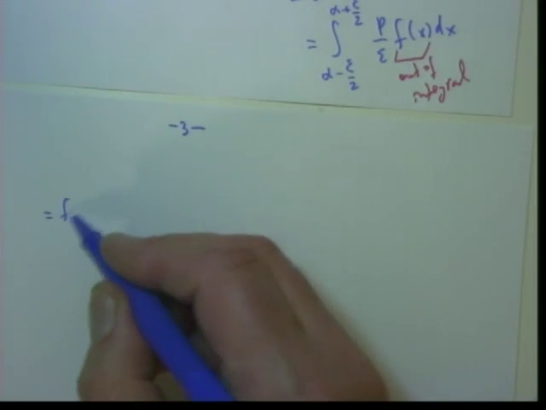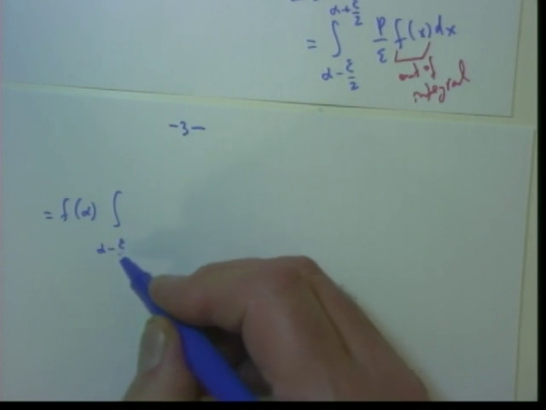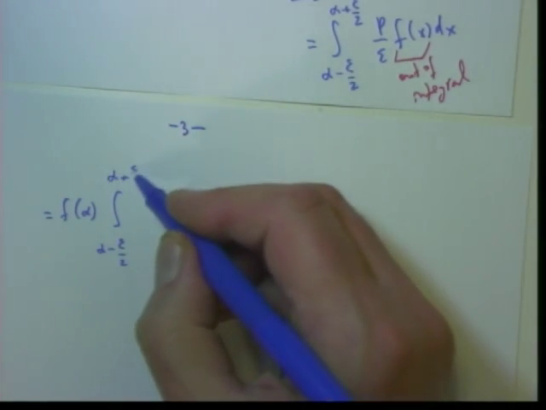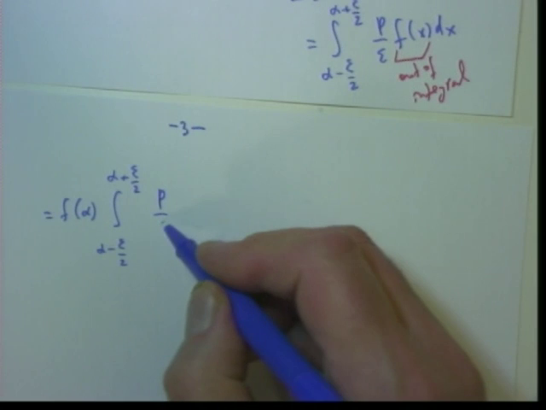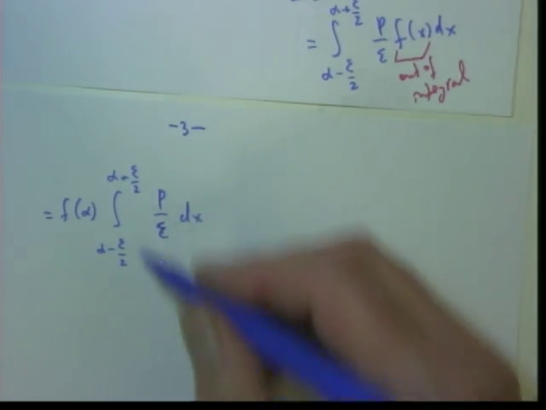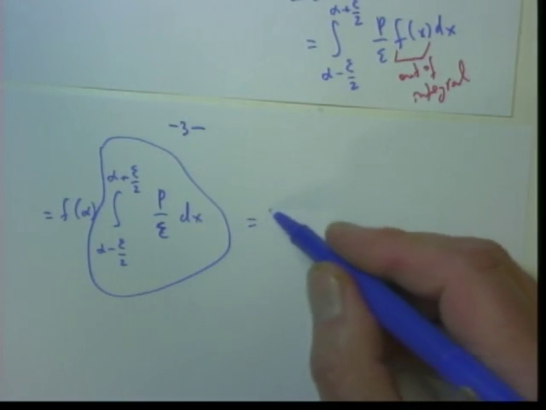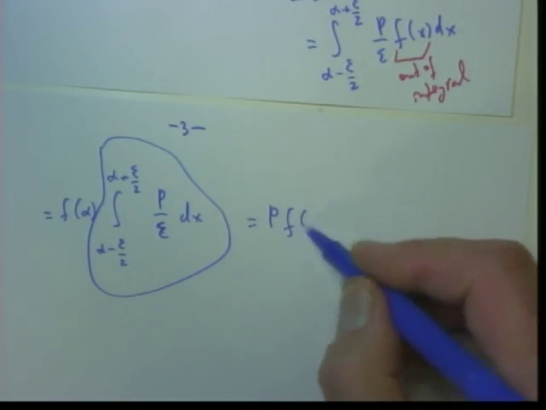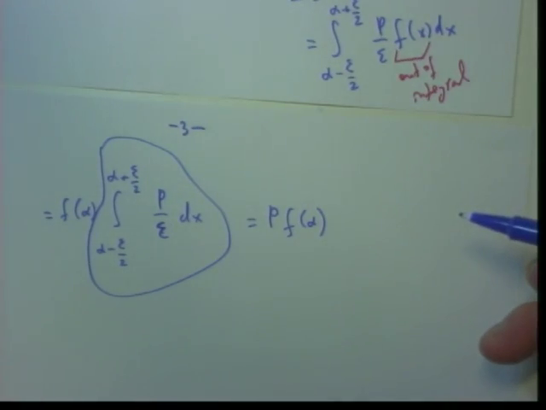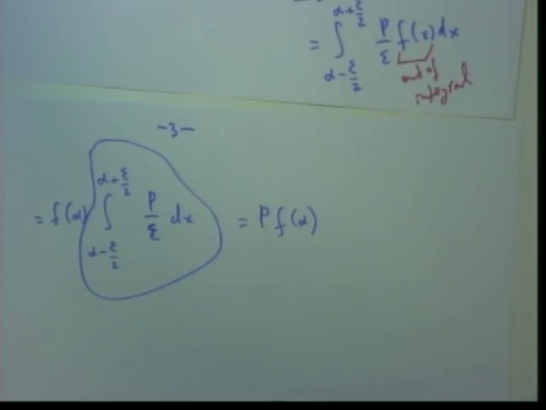So then it equals f of alpha times the integral from alpha minus epsilon over 2 to alpha plus epsilon over 2 of P over epsilon dx. And this integral, of course, equals P.